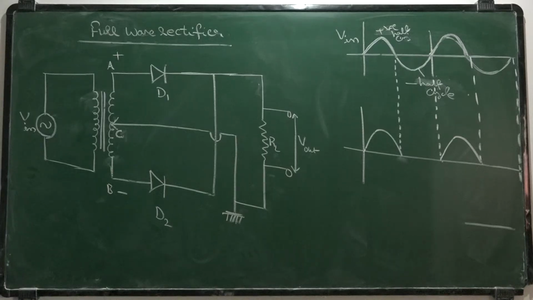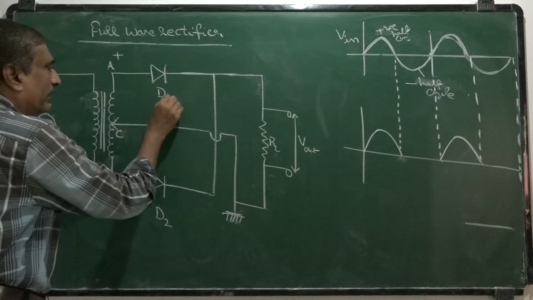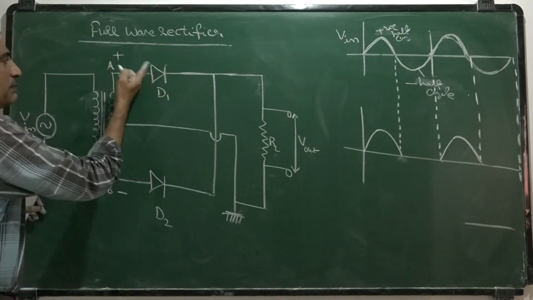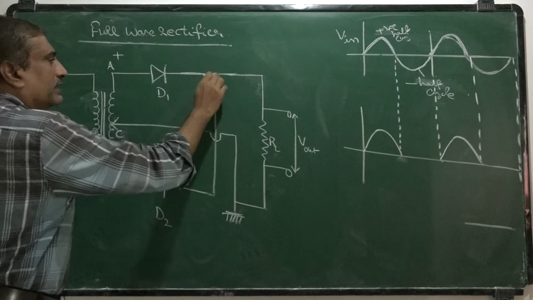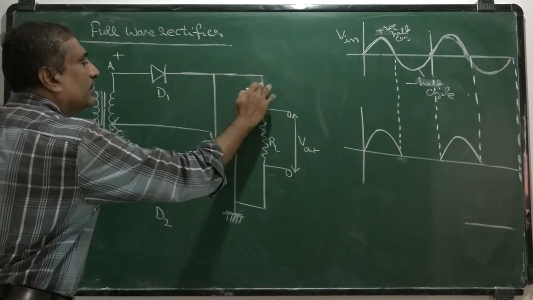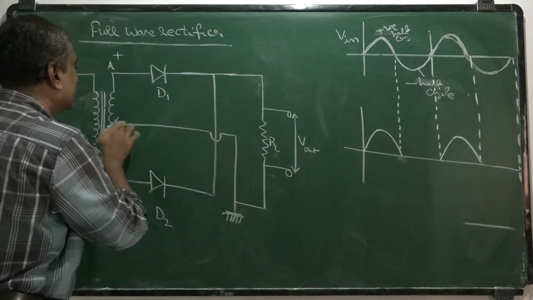That means the PN junction diode D1 is in forward bias, because its P is connected to positive and N is connected to negative.